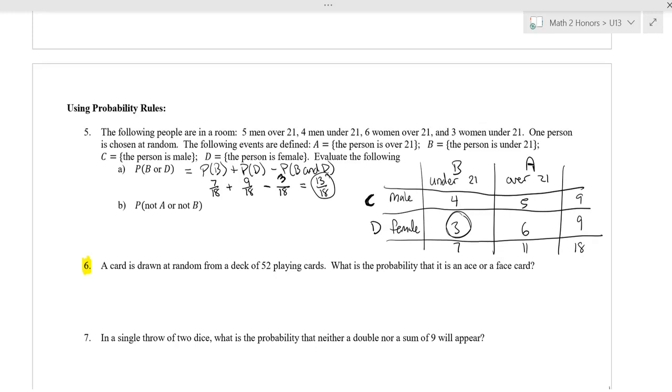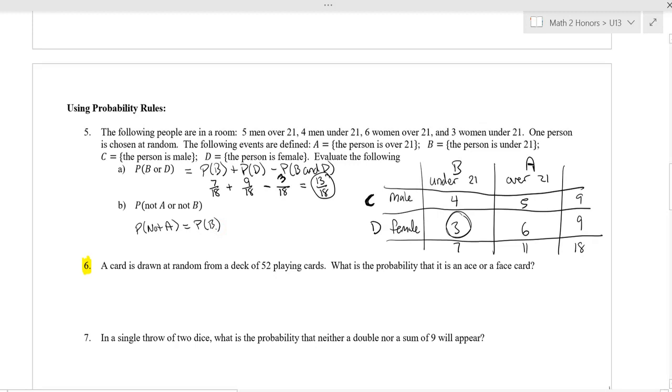Okay. For B, we want the probability it's not A or not B. Okay. A is over 21. So keep in mind that the probability of not A is actually the probability of B, because we're assuming nobody is 21.